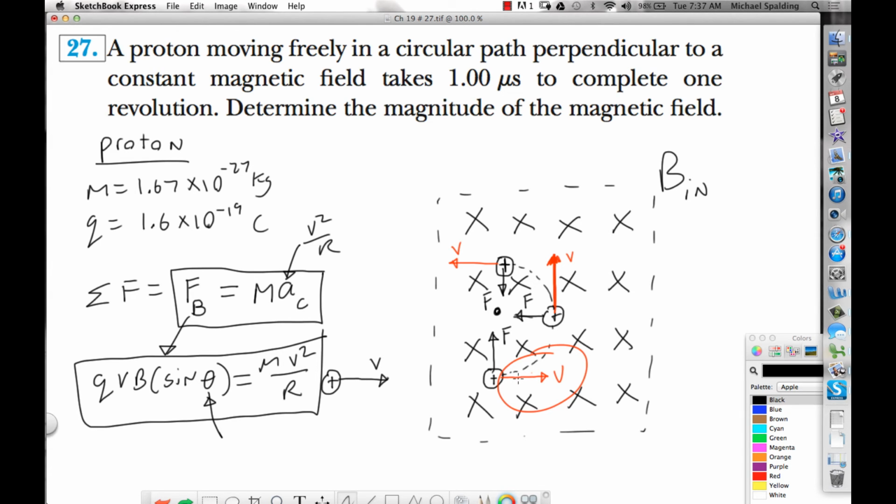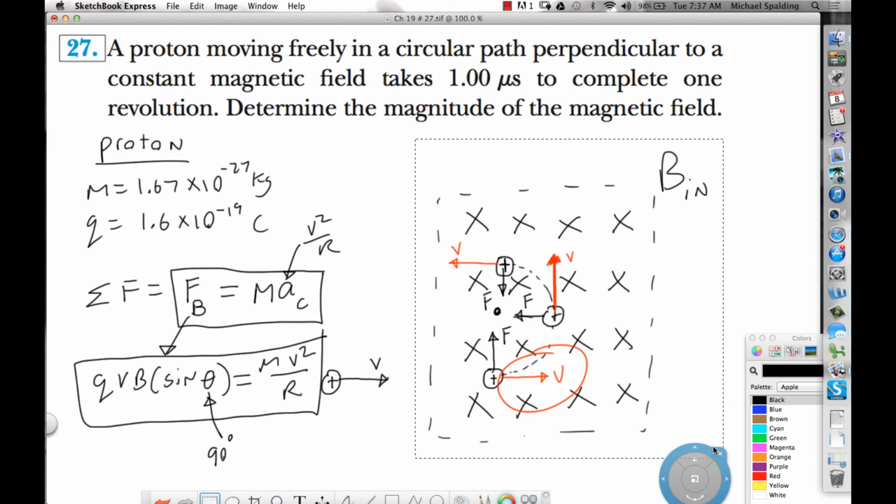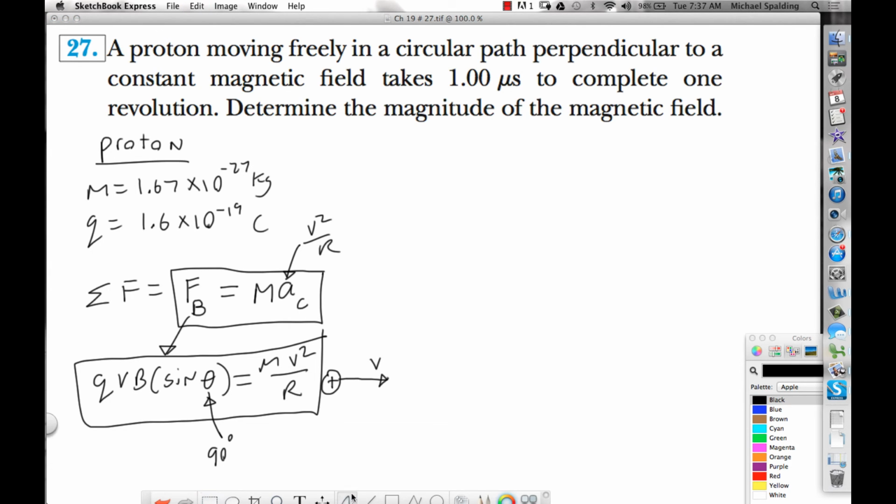What's the angle between in and to the right? 90 degrees, and sine of 90 is 1. So what we have now is q v B equals m v squared over r. One of the v's cancels, and let's solve this for r. So r is equal to m v over q B.